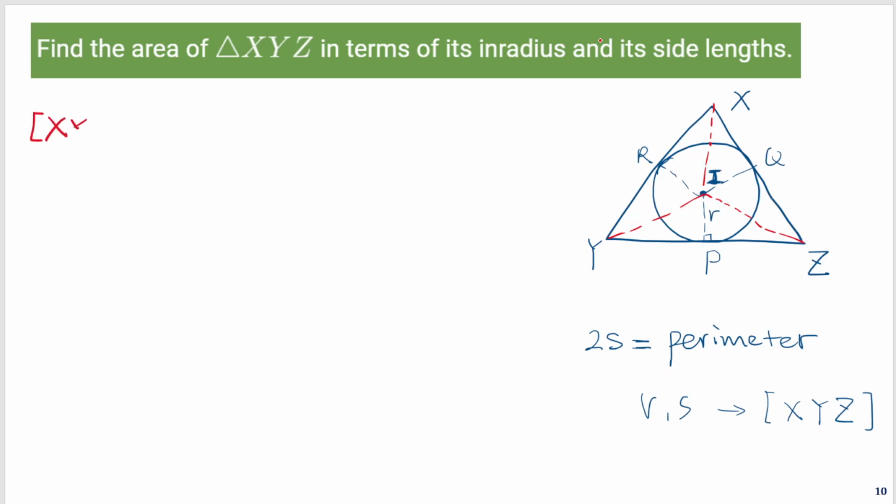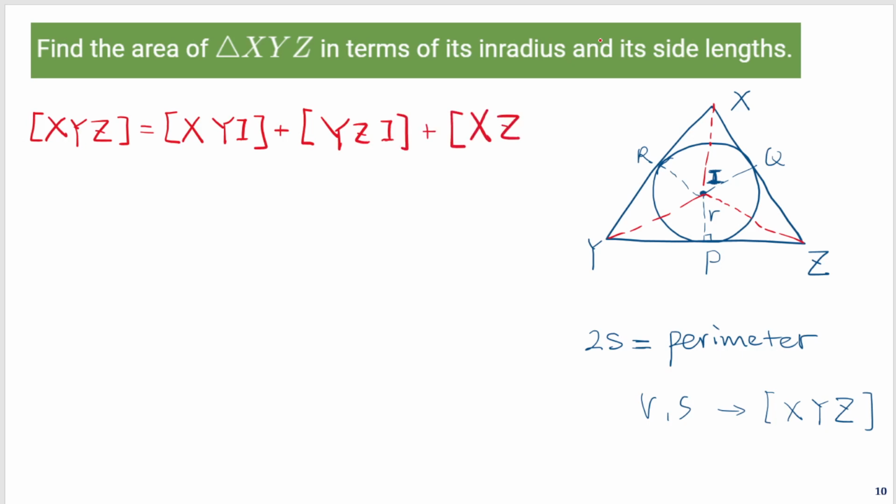So XYZ equals area of XYI plus the area of YZI plus the area of XZI, right?